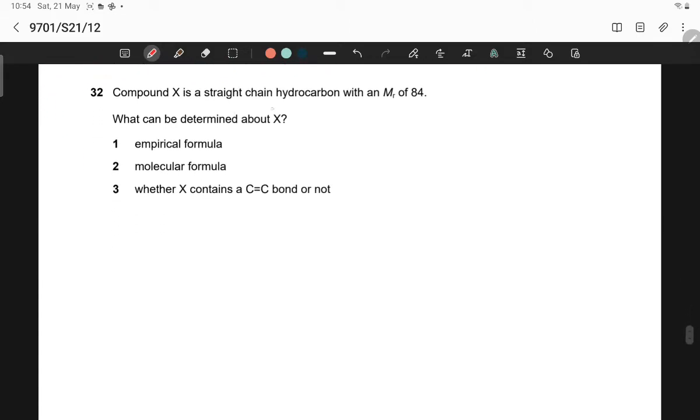32. Compound X is a straight chain hydrocarbon with an Mr of 84. Hydrocarbon, we can find out the formula.